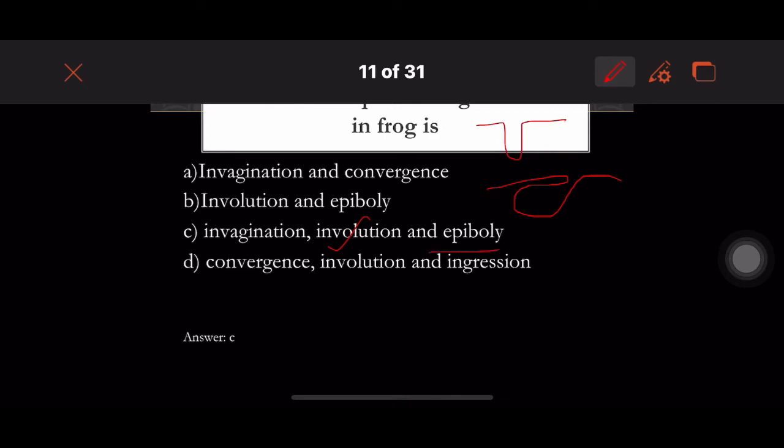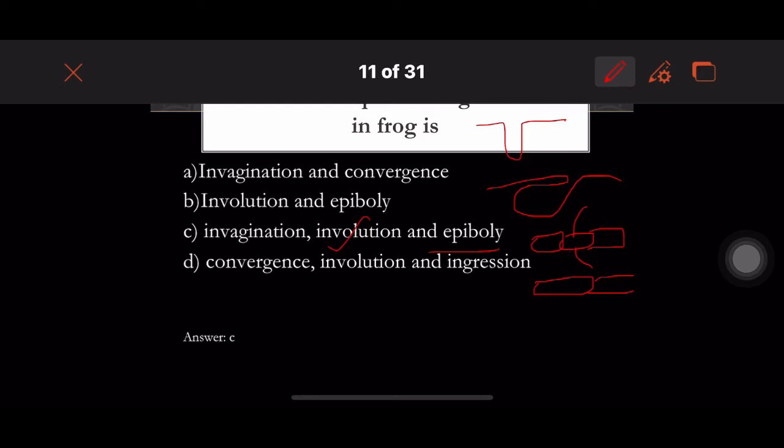Next is epiboly. In epiboly, the cells spread over the other cells. If this is one layer of cells, then these cells will spread perpendicular to the apicobasal axis, which means they will become flattened. This is their apical surface, and this is the basal surface, the lowermost surface.